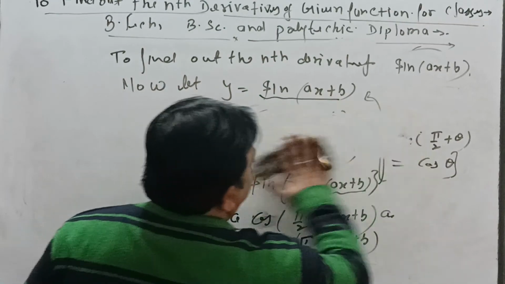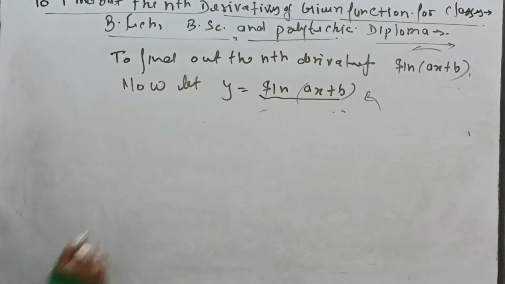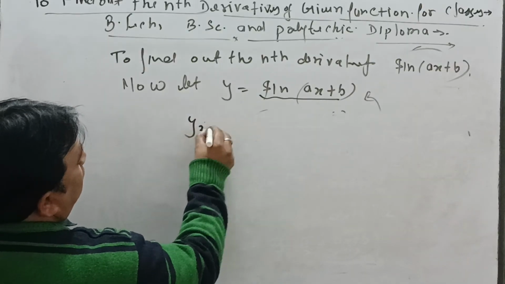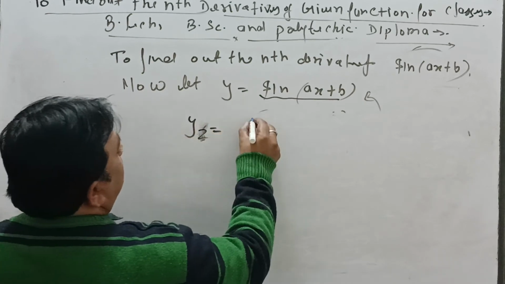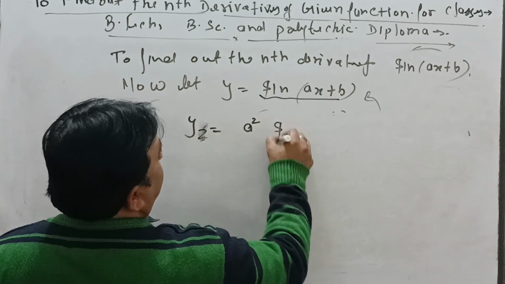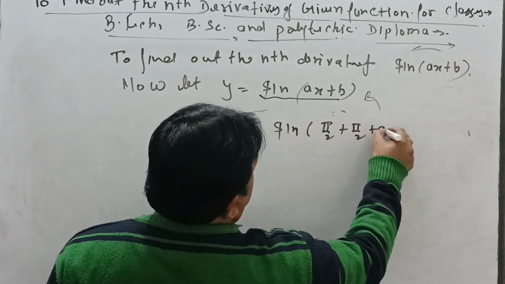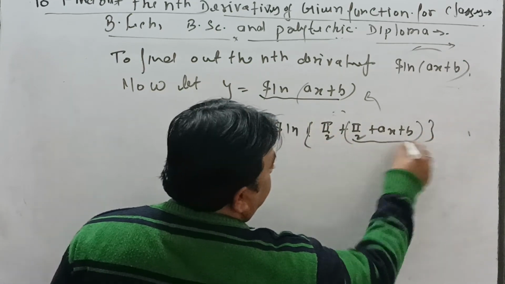So we write y2 = a square sin(pi/2 + pi/2 + ax + b), where again this is in the place of theta.